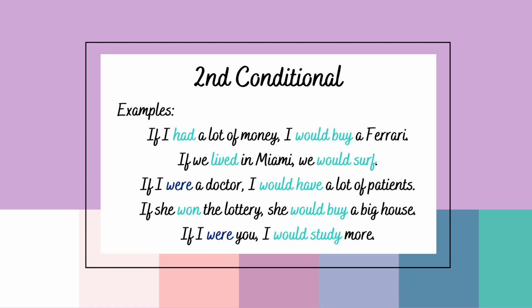As you can see, we use the second conditional to talk about things that we are imagining and are not real. When we say, if we lived in Miami, we don't live in Miami. Or, if she won the lottery, but she didn't win the lottery. You are imagining it.